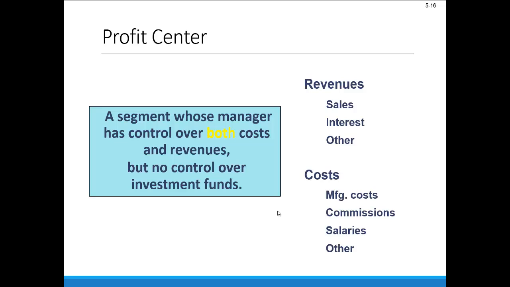For some reason, I always think of the Verizon stores. The managers of those are certainly tasked with controlling revenue, generating sales in the store. They're tasked with controlling costs. They have staffing costs, facility costs for the store itself, all those types of things. But they can't turn around and just open another store down the block without some other decision being made from upper level management.